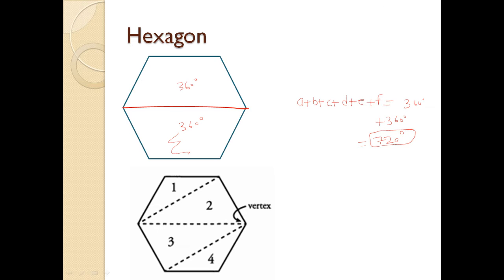So what we observe here is that if we want to find the sum of the interior angles of a polygon of n sides, then the sum of interior angles is equal to (n minus 2) multiplied by 180 degrees. This is the general formula for the sum of the interior angles of any kind of polygon.